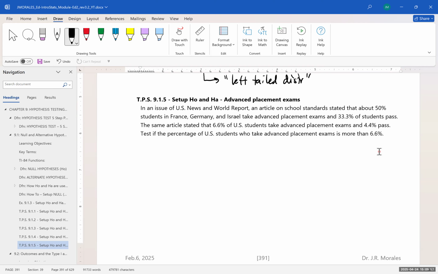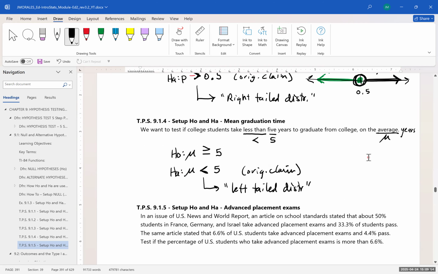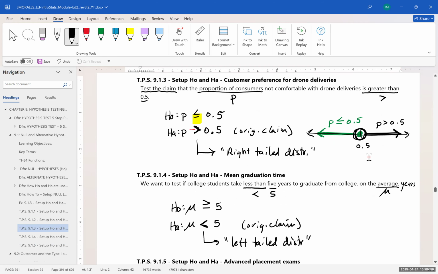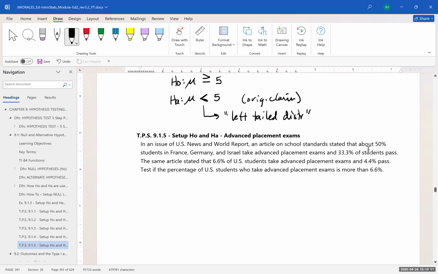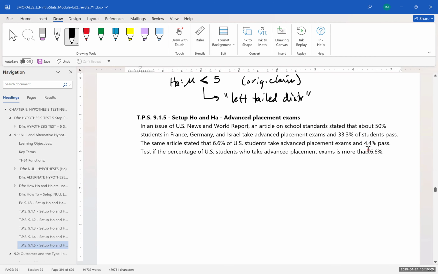Now this one is a little harder to discriminate what the null or alternate hypothesis is going to be because so much has been thrown at us. But what's kind of an indicator is it says test. So test the percentage of US students, so this is referring to a proportion.